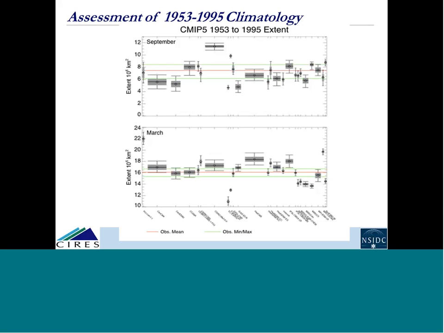The width of the boxes represents the number of ensembles that are included in the distribution. So wider box and whiskers means more model ensembles, and several models just have a single ensemble that we can use. So let's focus on September to begin with.